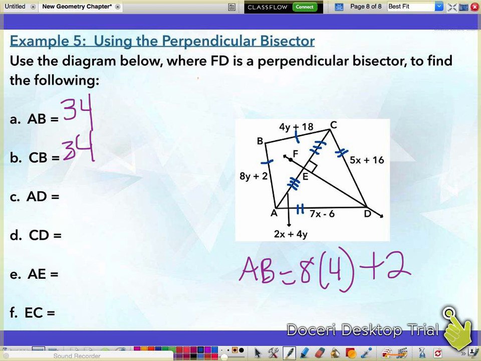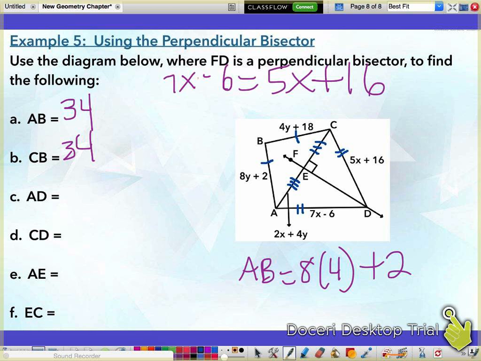Okay, so to solve for AD and CD, I have to solve for X. 7x minus 6 equals 5x plus 16.